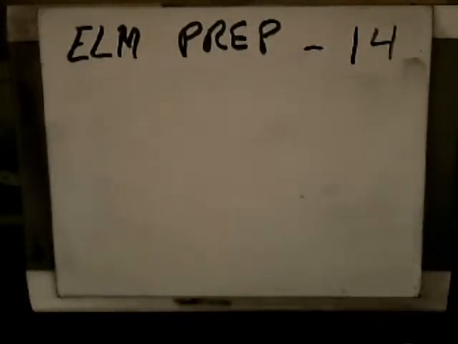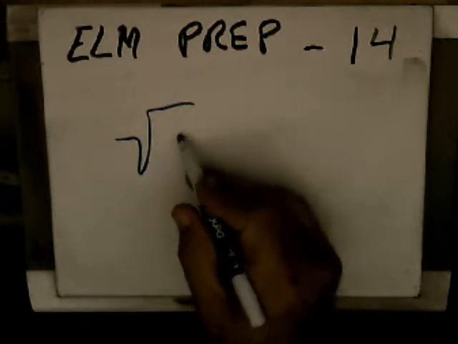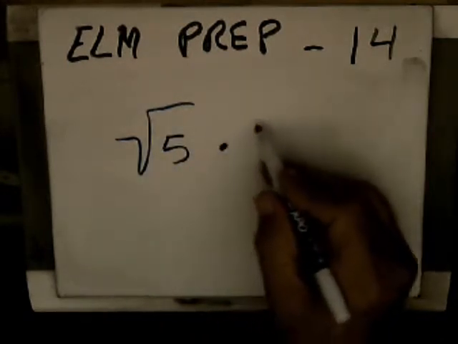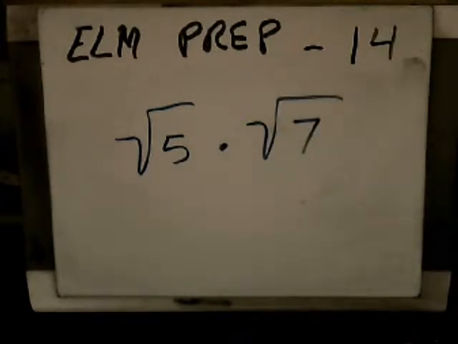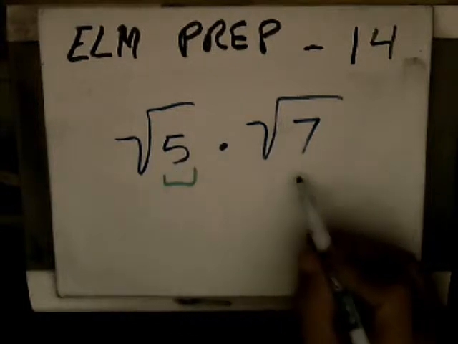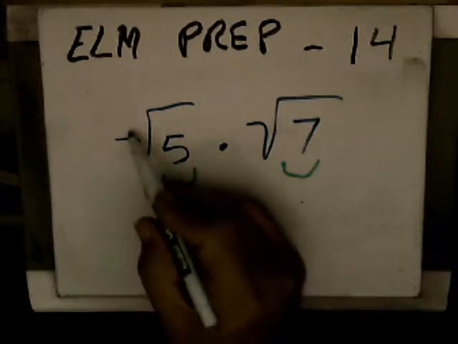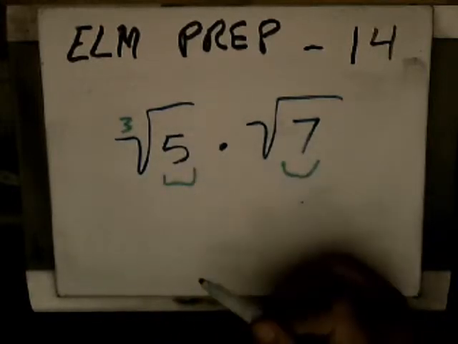Alright, so the nice thing about multiplying radicals is we don't have to worry about the insides being the same. We do have to make sure that the radical is the same. I cannot have a cube root here and a square root here.